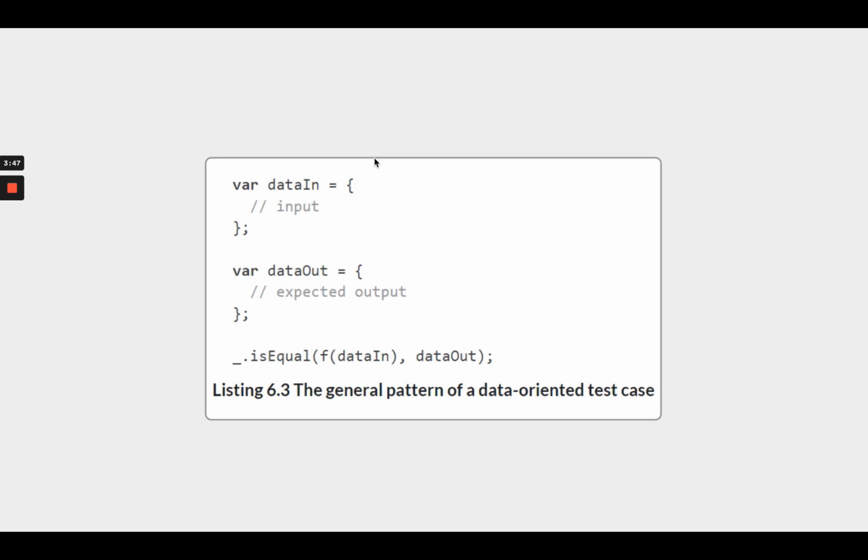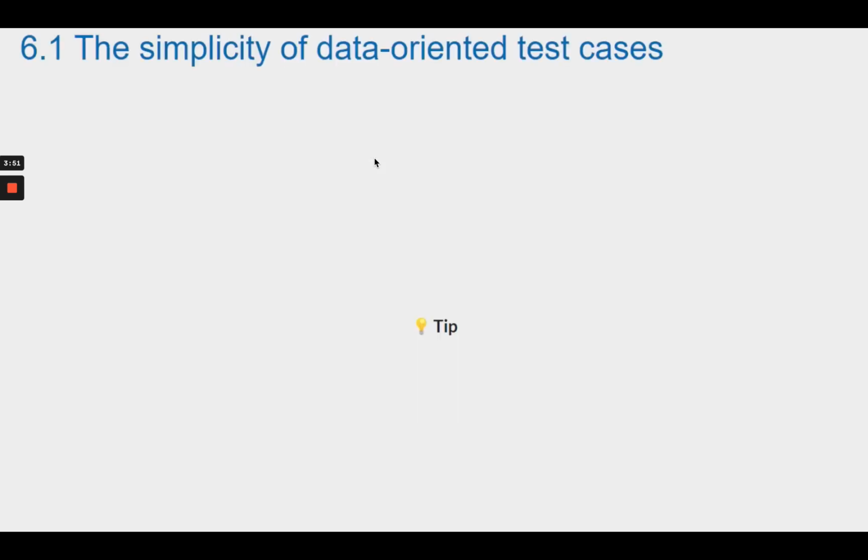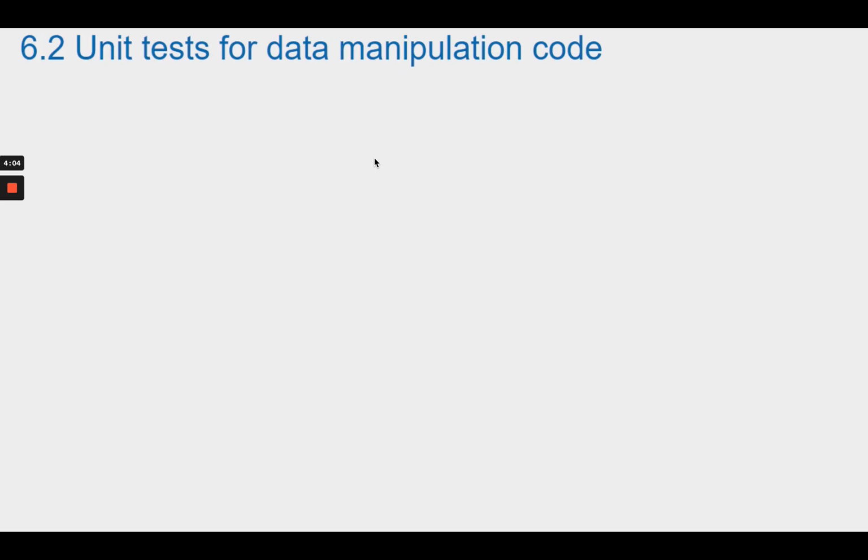He fires up his laptop and types a few lines of pseudocode. Tip. It's straightforward to write unit tests for code that deals with data manipulation. Theo: Indeed, this looks like something we can tackle in a coffee shop. Section 6.2. Unit tests for data manipulation code.